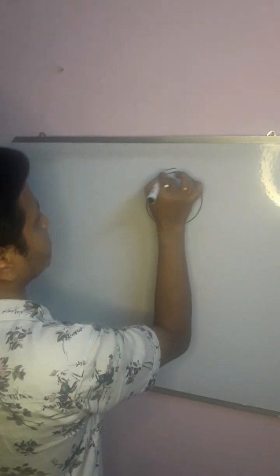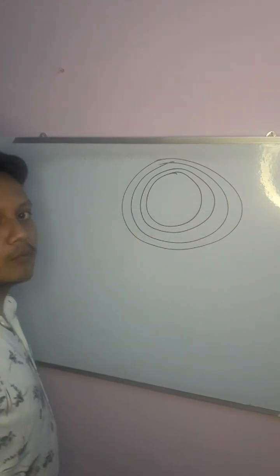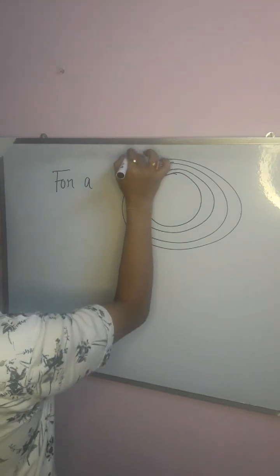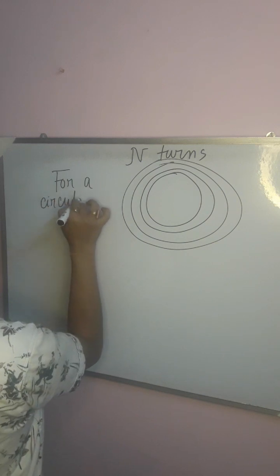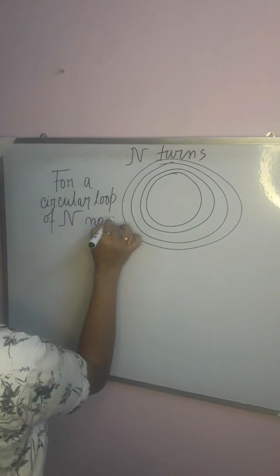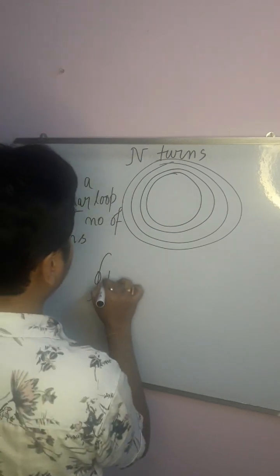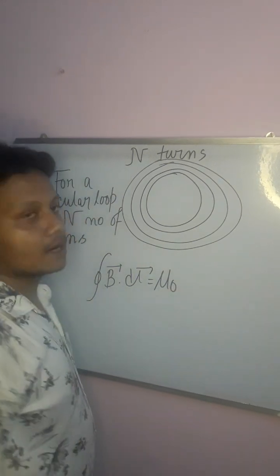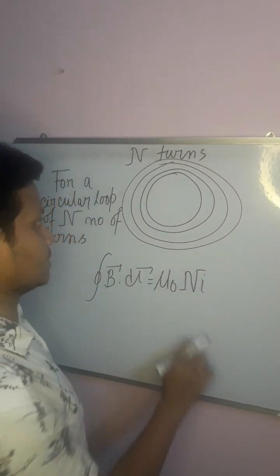Say this is a circular loop, and there are n number of turns. So for a circular loop of n number of turns, we can write line integral B dot dl. So what would be the total current in this case? Current through each turn is I, so current through the n turns is nI. So this is the case.